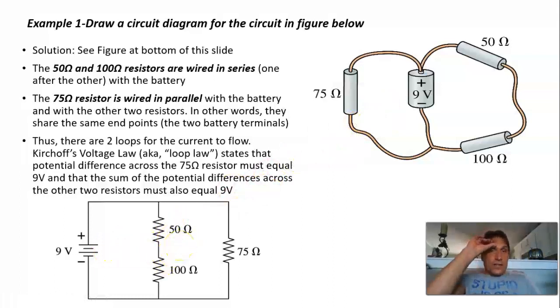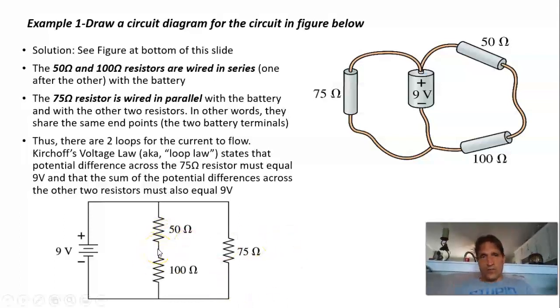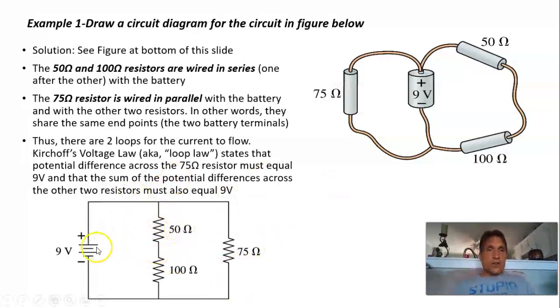So if you look at this here, we're going to get into the details of how to analyze a circuit like this shortly. But if you look, there's 2 loops for the current to flow. The current can flow through the left loop or the current can flow through the right loop. Okay, and if you look, here's a junction, here comes the current. It can choose one of two paths.